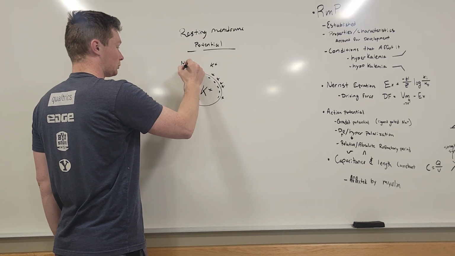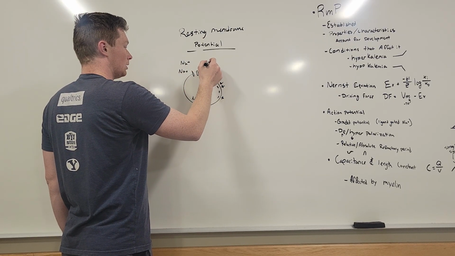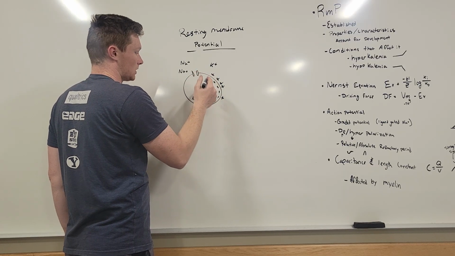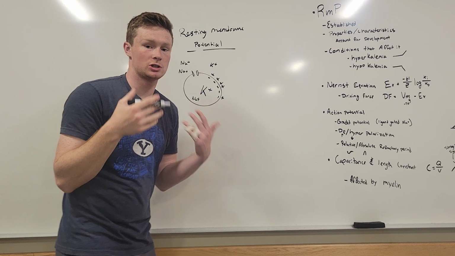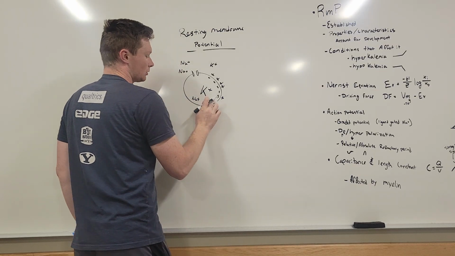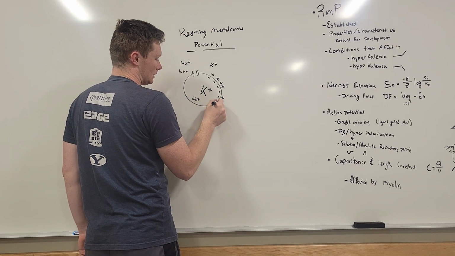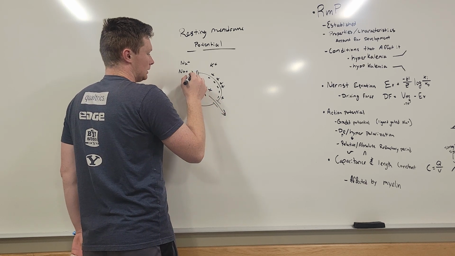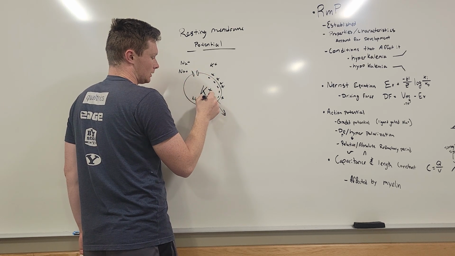So of course we're getting 3 sodium out, 2 potassium in, right? So this potassium wants to leave. It's going against its concentration gradient. So we have potassium leak channels where it wants to go out. And so it will, right?